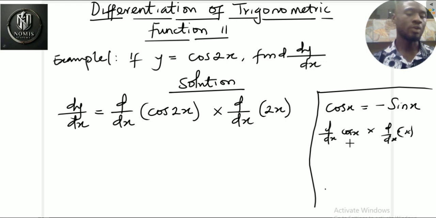So when you say d/dx of cos x, it means that we are going to differentiate cos x. When we differentiate cos x, we are going to have minus sine x. Now multiply by, we are going to differentiate x. Now if we differentiate x, what are we going to have? Just like dx divided by dx, is that not 1?